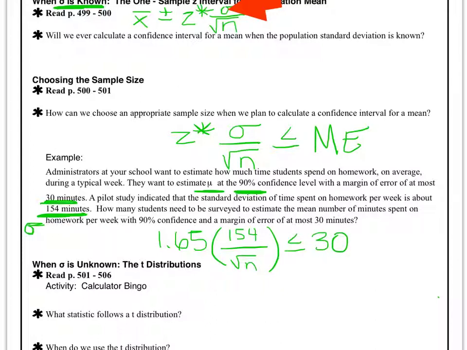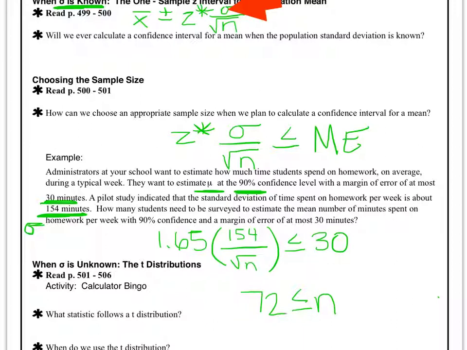So then when I solve this, basically I say 1.65 times 154 divided by 30, and then I square it all. And I end up with 71.74, which means that n has to be greater than or equal to 72 in order for me to accomplish those goals.